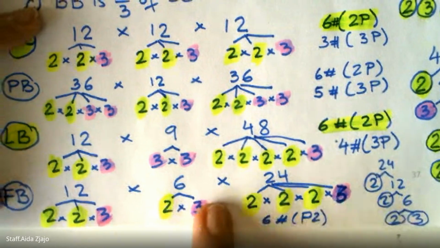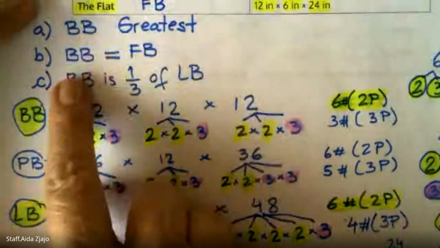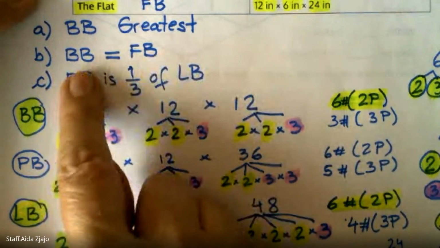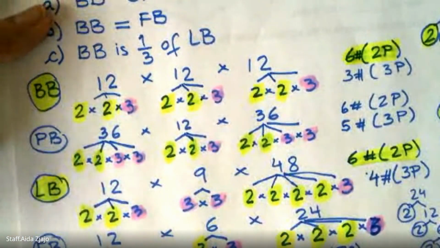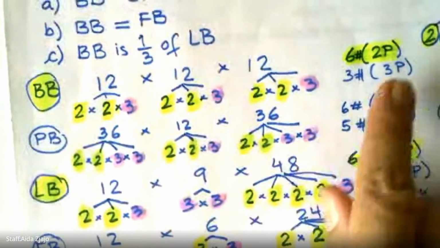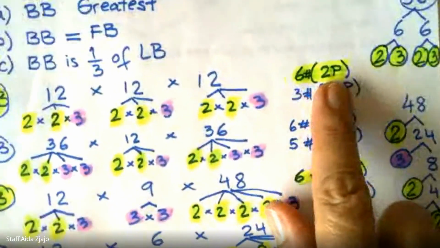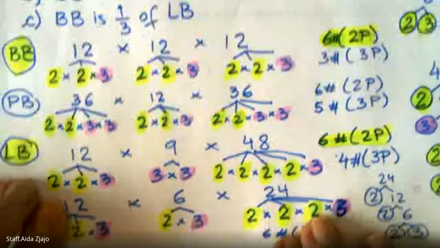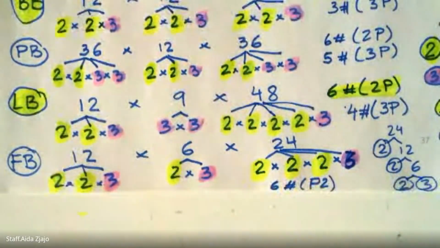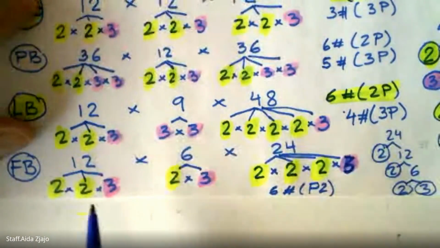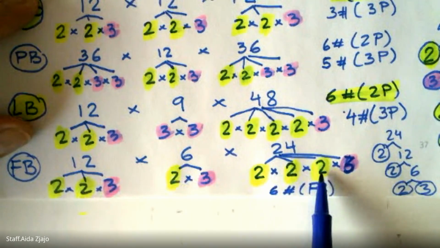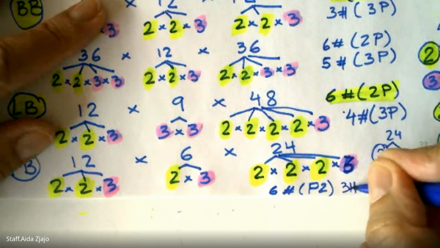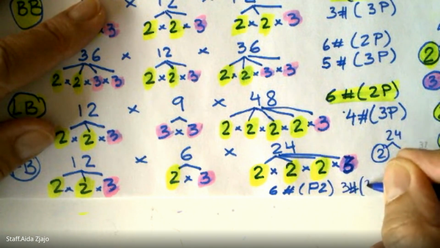So now we have proof that we were correct, BB is the same as FB. If I look at BB, it has 6 primes 2 and 3 primes 3. And if I look at FB, it also has 6 primes 2 and 1, 2, 3 primes 3.